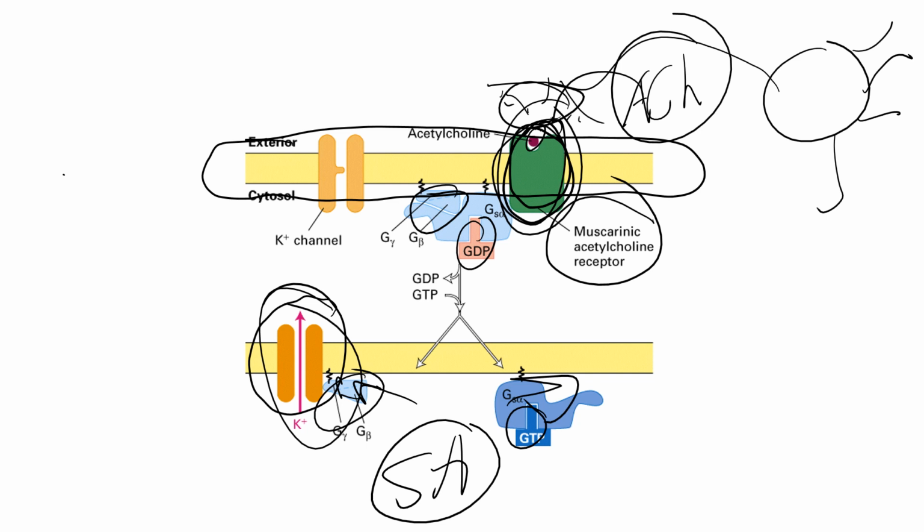So another way of saying this is the main thing the parasympathetic nervous system does is increase the potassium permeability of our SA node fibers. And then you have to think, well, what's that going to do? What would increasing the potassium permeability of our SA node fibers accomplish?